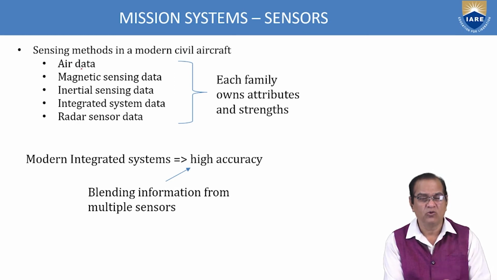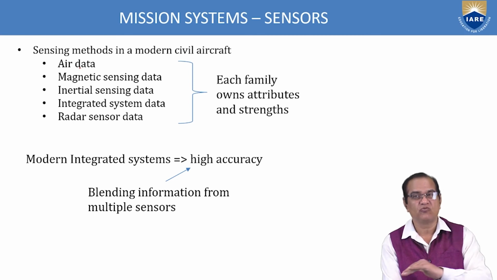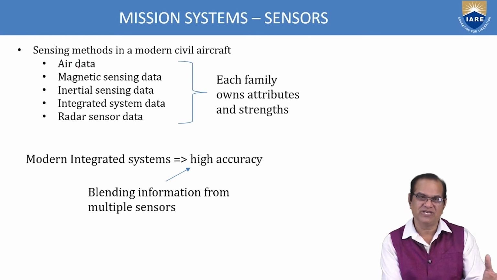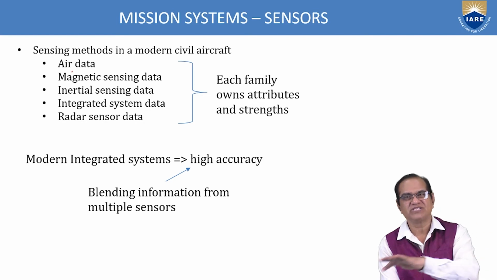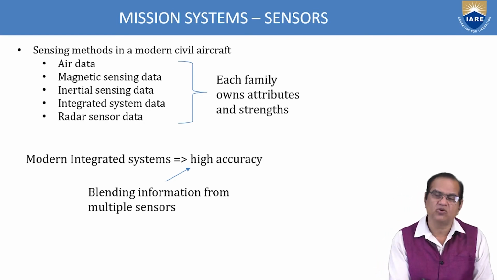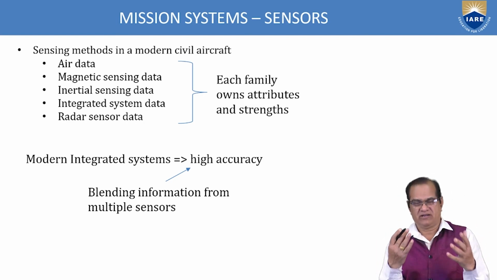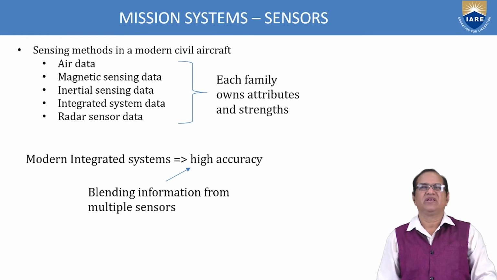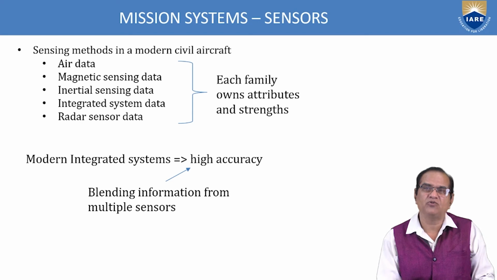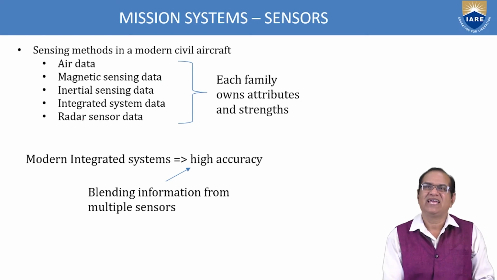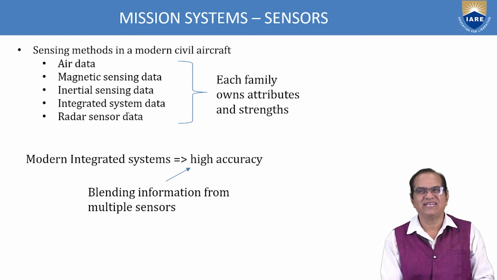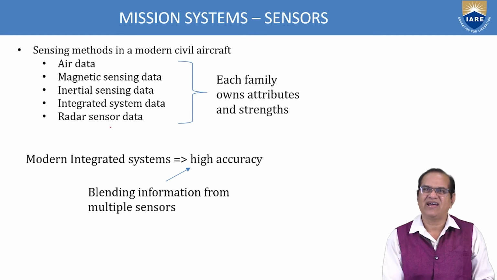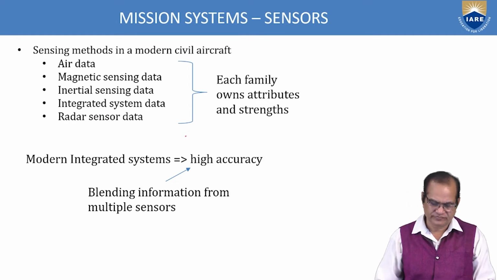Some are good in one area, another is good in another area, another is not good in some area, someone is better in that area. So as per our mission, we have to use different types of sensing systems. We may have to use the magnetic sensing data, inertial sensing data, integrated systems data, radar sensors, and so on.